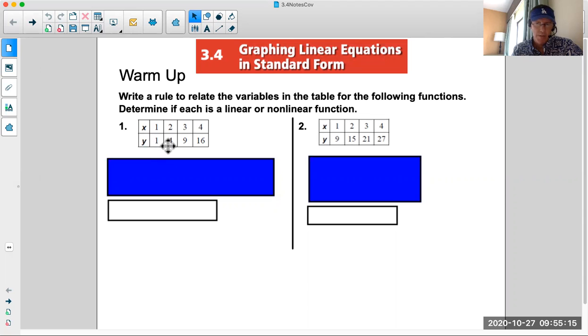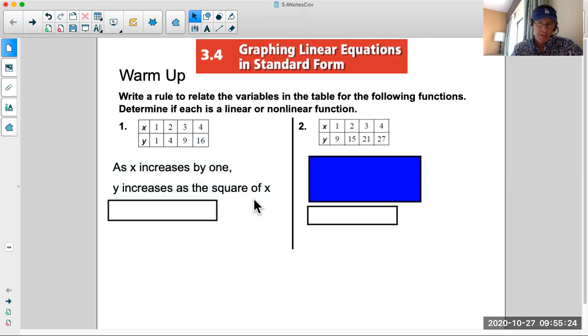It's increasing by going 3 and then 5 and then 7. So what would you write that as? Maybe as x increases by 1, y increases as the square of x, right? Because that's another way to look at it. 1 squared is 1, 2 squared is 4, 3 squared is 9, 4 squared is 16.